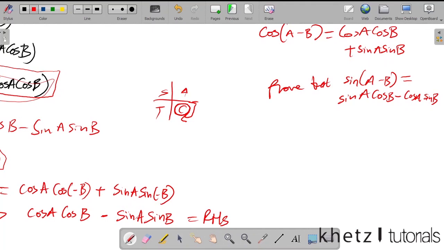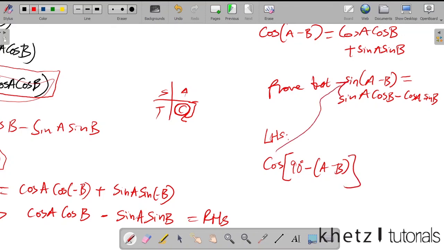So what can we do in this case? We are going to do something similar to what we just did previously. On the left hand side, we have cosine of 90 degrees subtract A subtract B, which is equivalent to sine of A subtract B. These two are equivalent. From this point, we can split this angle and say that we have cosine of 90 degrees subtract A, then we have that added to this.